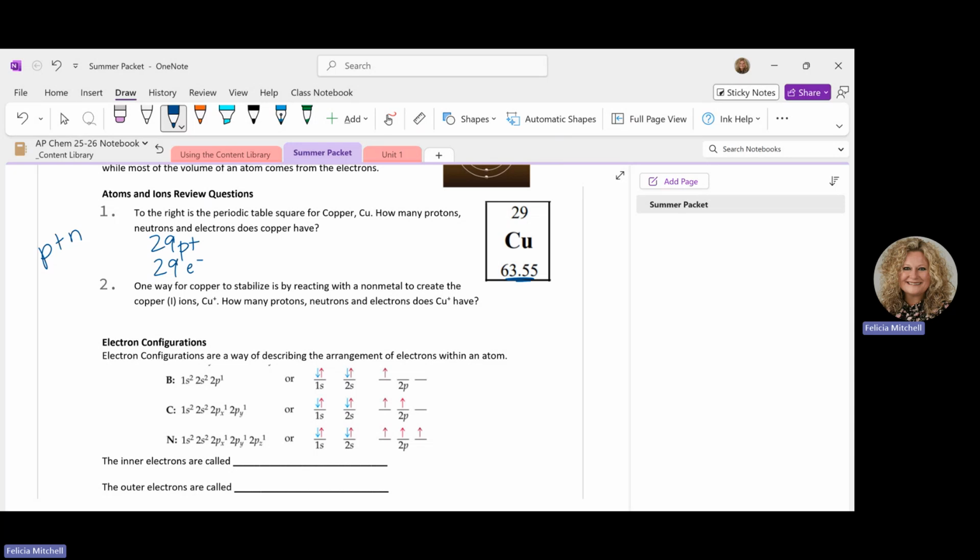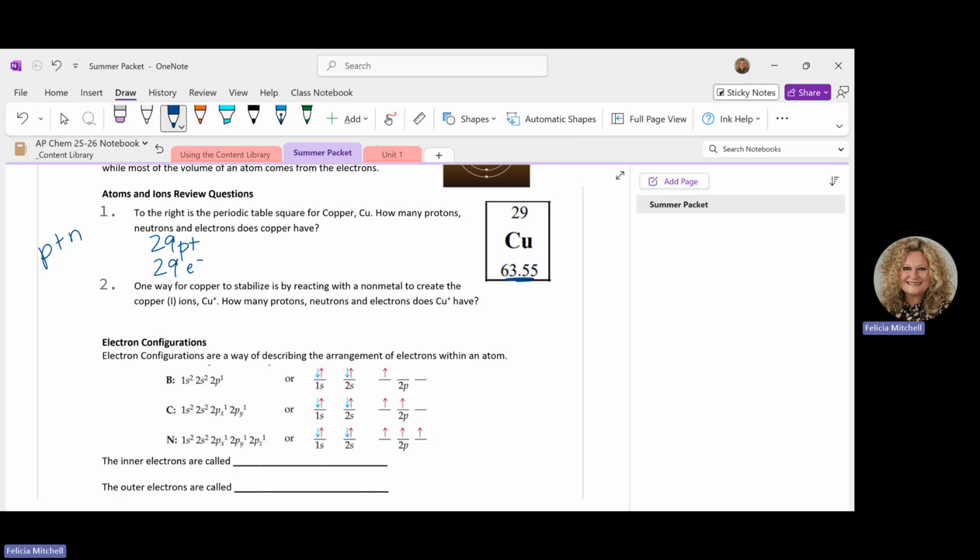Just because you see a decimal here for an average atomic mass does not mean there was more than one isotope for that atom. The reason there are decimals is that these numbers are reported in AMUs, or atomic mass units. Every proton and neutron is not really just one. We say every proton and neutron has a mass of 1, but we're rounding that to a whole number.